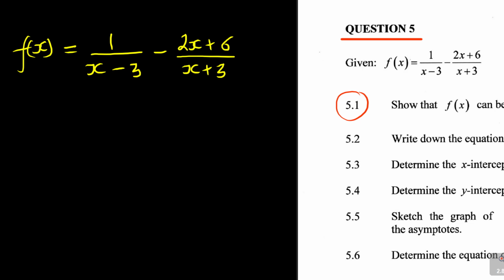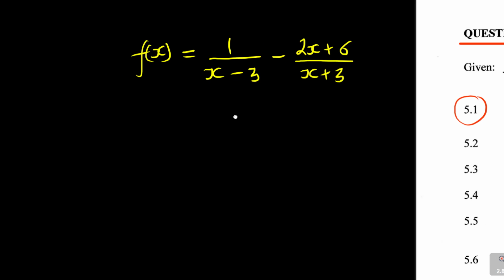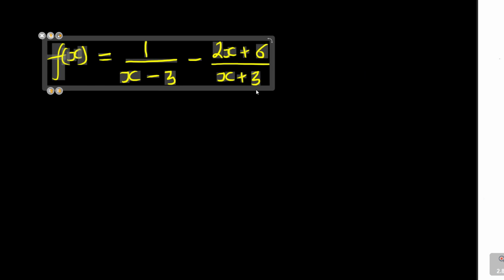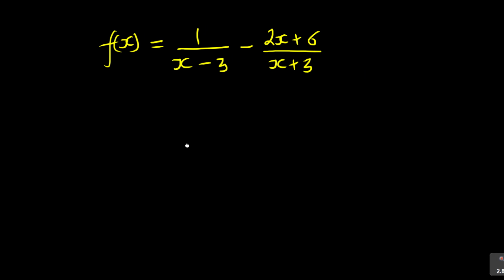But now I think already you can see that whenever you are given this part here, let me just bring it here. Look at this 2x plus 6. You can see that you can factorize this part. You can take out 2.